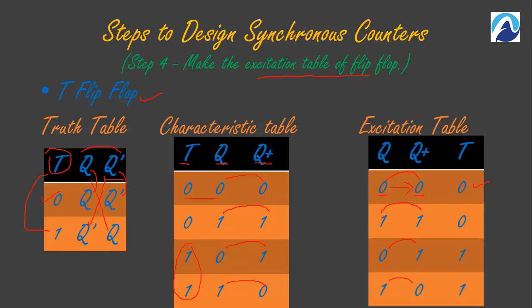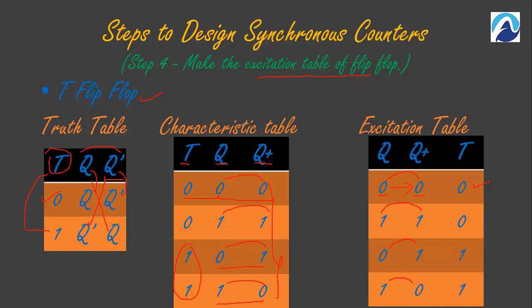Now we can conclude it from here. If there is no change, the value of T is 0. But if there is a change, the value of T is 1.